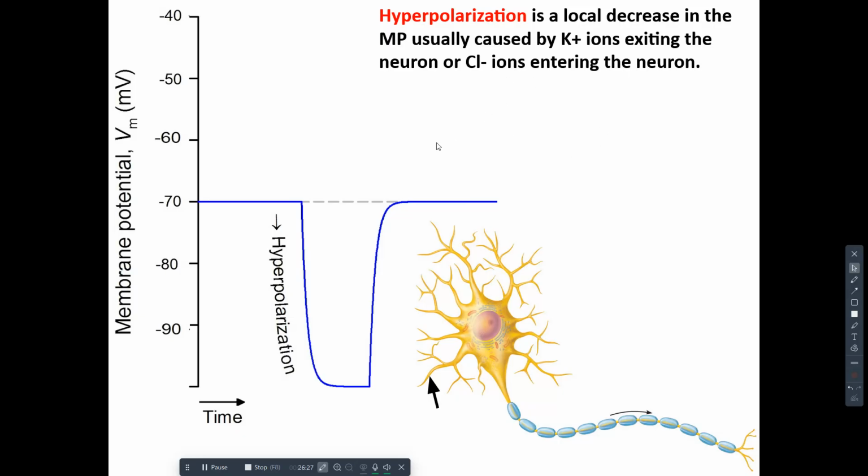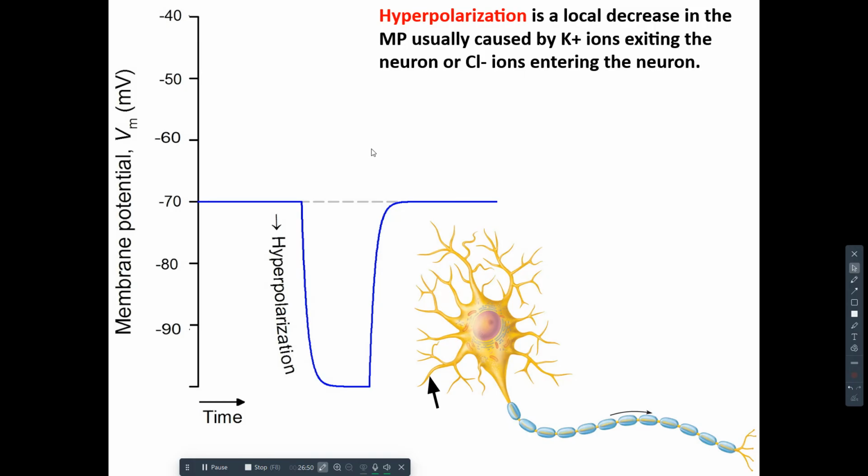That's going to make the inside of the cell more negative. So negative 70 becomes negative 80, negative 90, negative 100. And if the inside is even more negative than normal, it'll be even more different than the outside. So a greater difference, hyperpolarization.